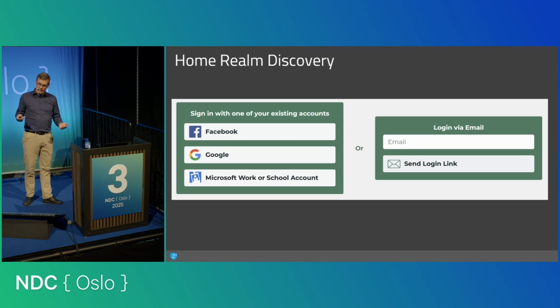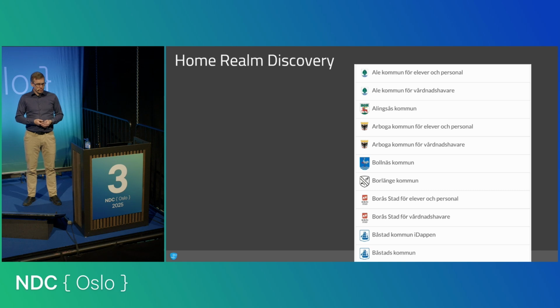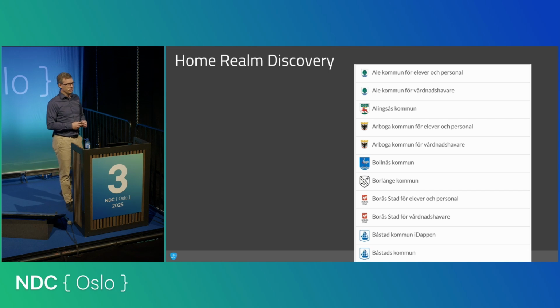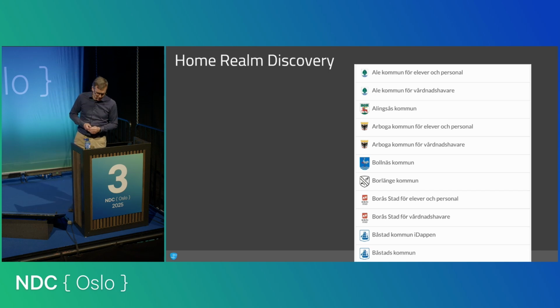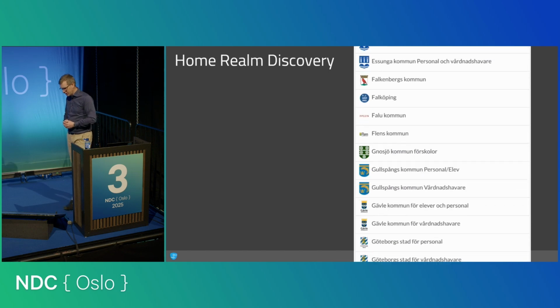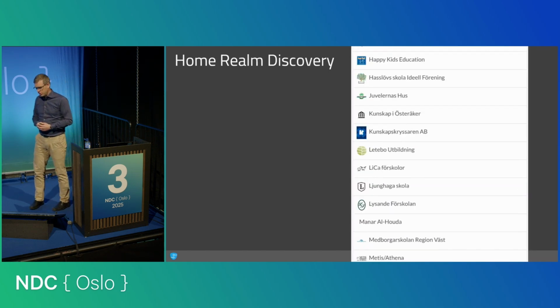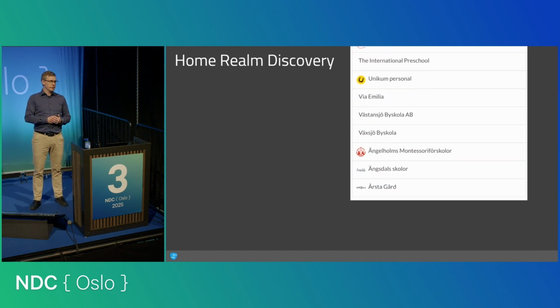But in some cases, it's not a choice for the user. It's a necessity. So imagine if I have a system in Sweden where I need to select the municipality where I live to sign on. So we could have a list, and this is just the start of the list. So we can have a list and ask the user to find their municipality and log in.